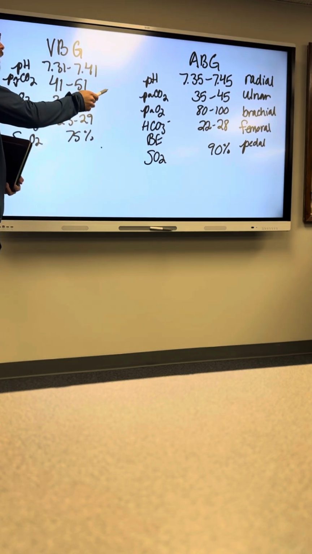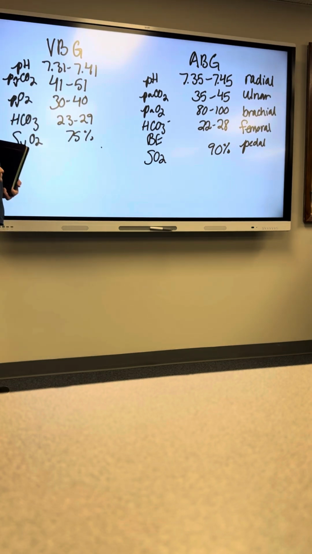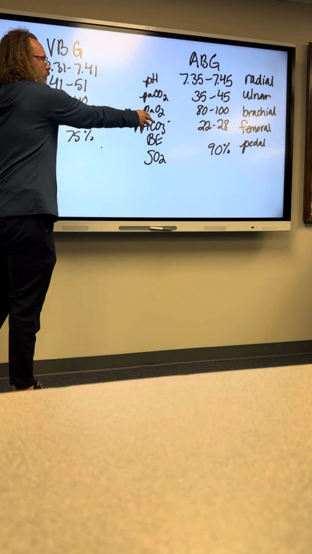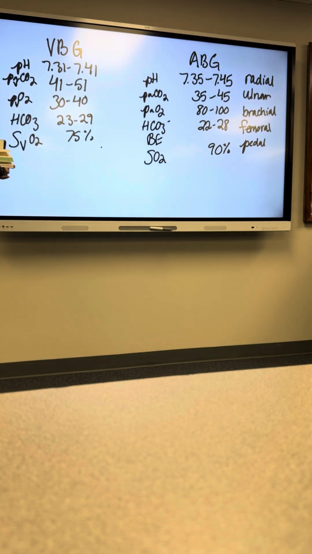And it's built up some acid in the body, so the CO2 raises up a little bit. It needs to go through that process of ventilation. There's a set of normals here that's just a little bit lower than what an ABG is. But both of them give us plenty of data to work off of and use clinically.